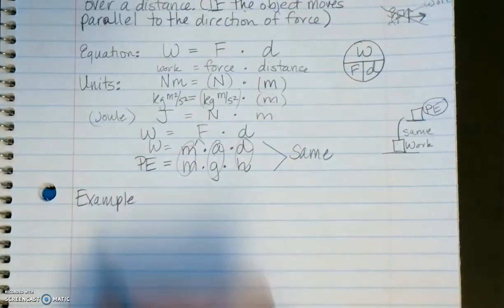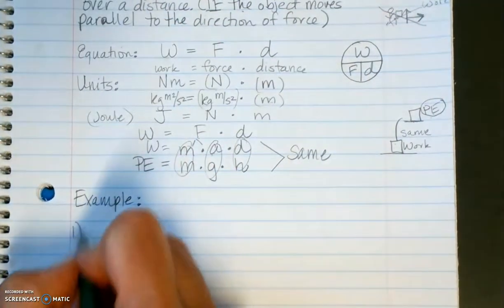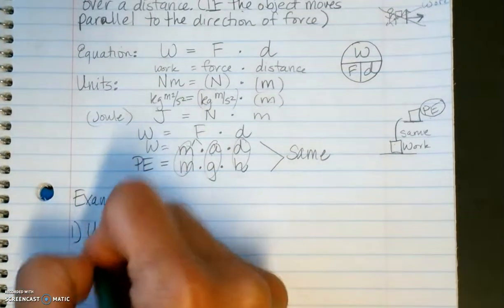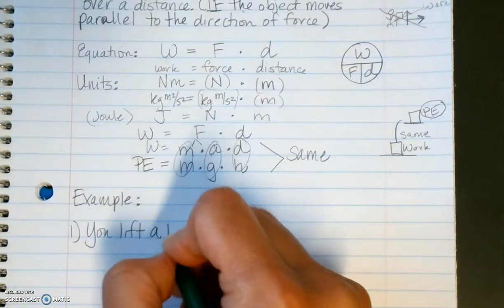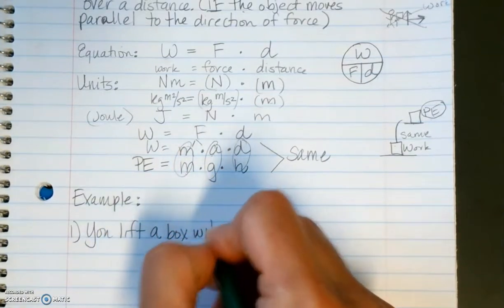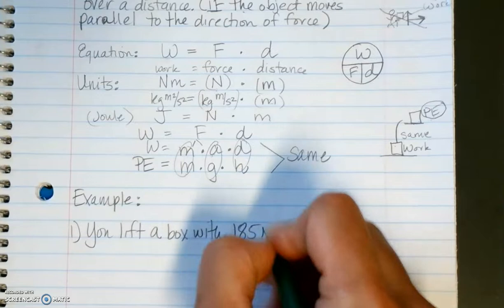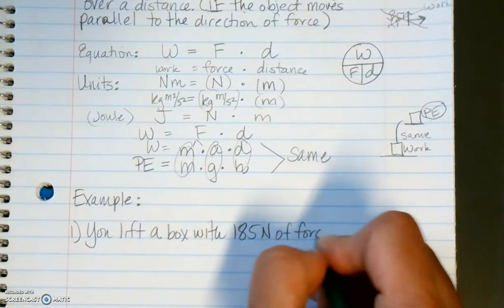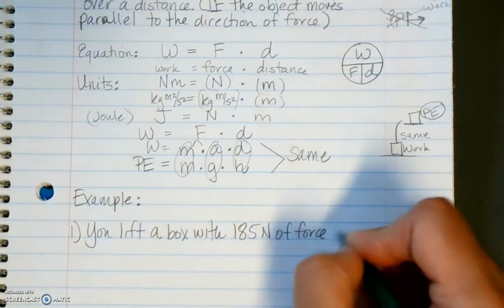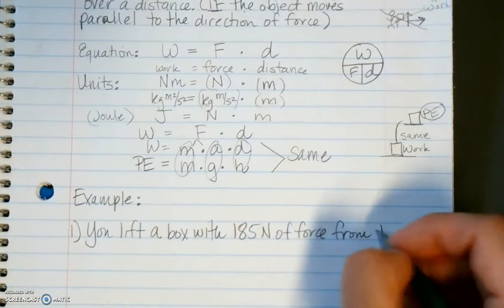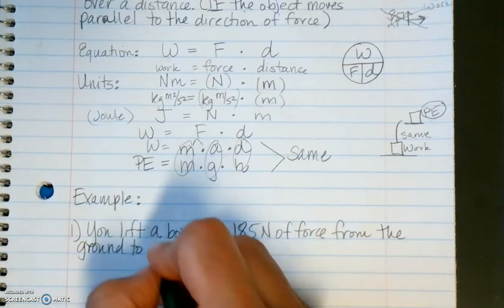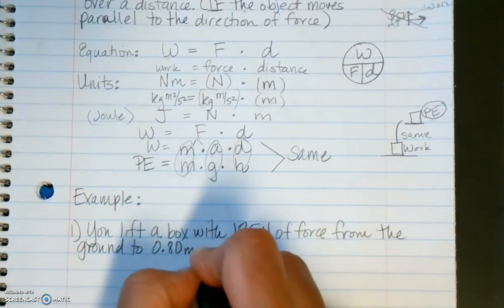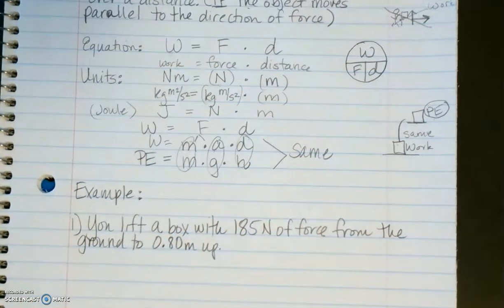Okay, so for this first example, let's say you lift a box with 185 newtons of force from the ground to 0.80 meters up. Okay, so we've moved the box.